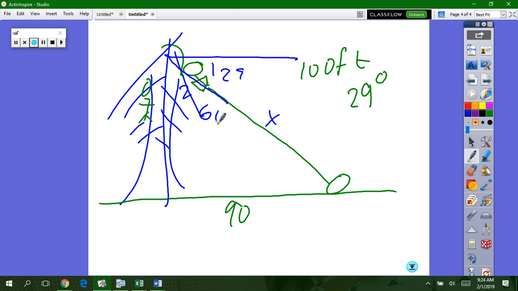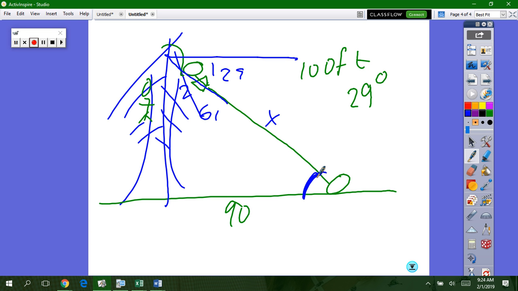61 degrees. By the way, if they ever ask, this is the angle of, anybody know here? Angle of elevation. Because your eyes are elevating up. Does that make sense? Angle of elevation, you're looking and then you look up. That angle. But this is angle of depression. What do these two add up to?